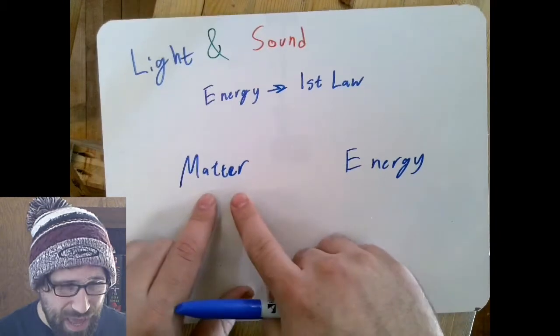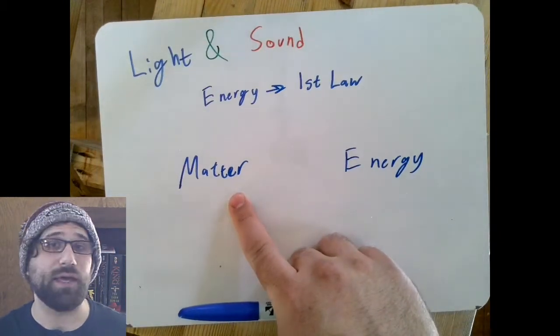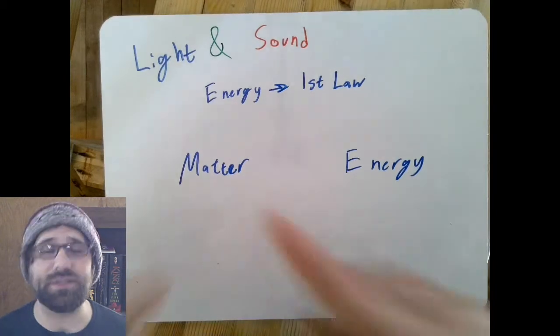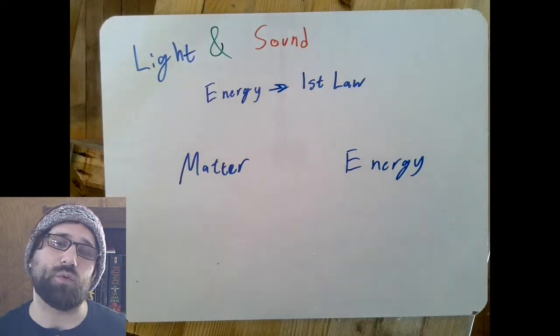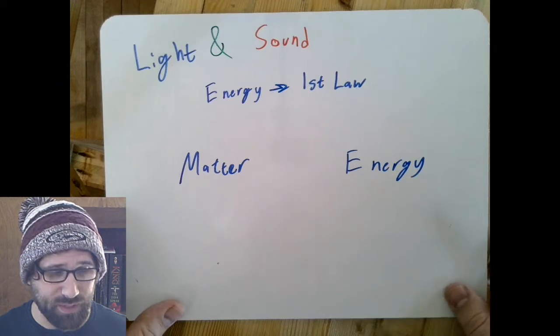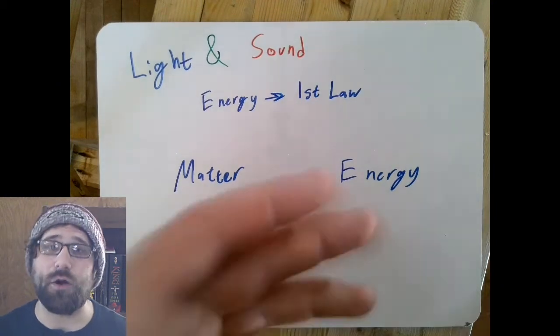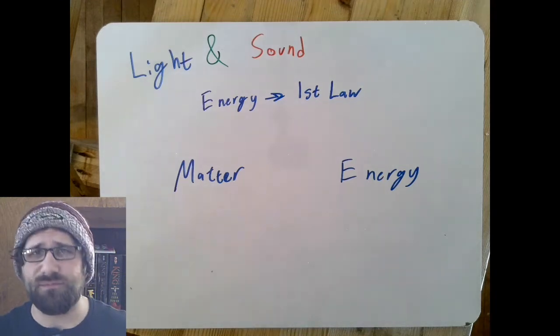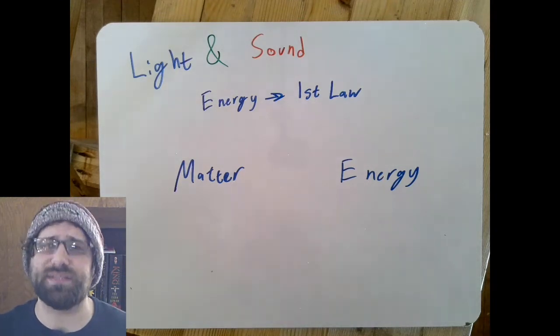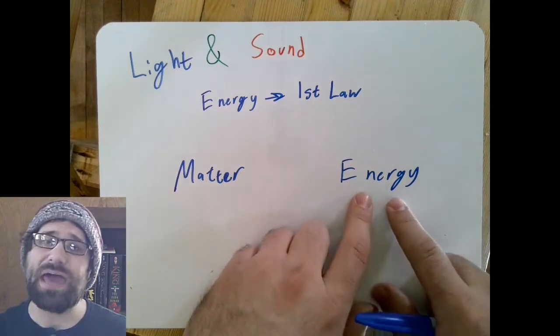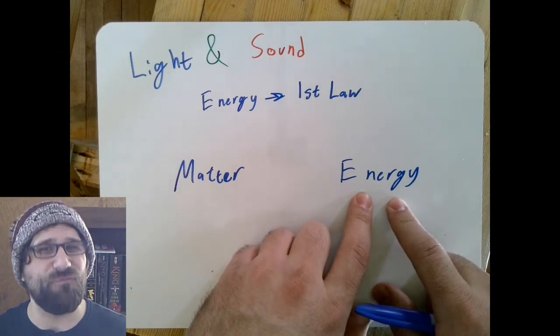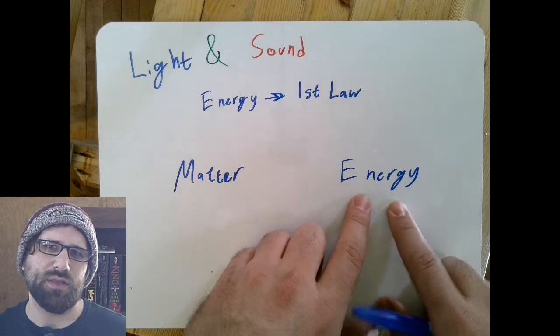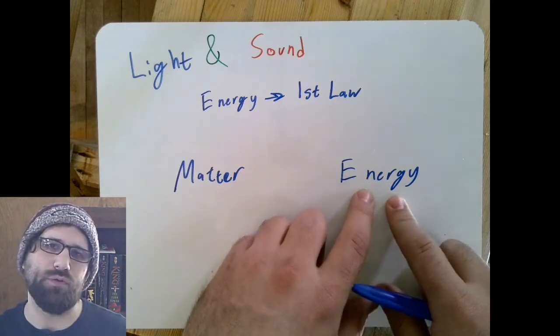When we talk about matter, we can talk about things like solids, liquids, gases, the different elements, how they react, how they work together. We can talk about movement, how things roll around, machines and physical things that are moving together. Or we can talk about energy, where it's not really the physical thing that's moving, it's this quality, this energy that's moving around.